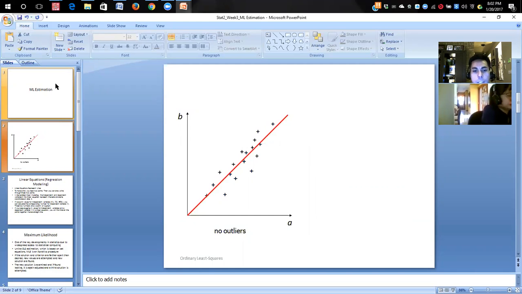In ordinary least squares, it is a very simple model that looks at the relationship or the association between X, the independent variable, and Y, the dependent variable, and how these two variables are correlated, how strong the relationship is, or how predictive the independent variable is of the dependent variable.